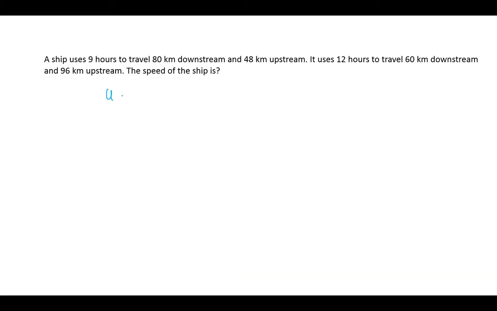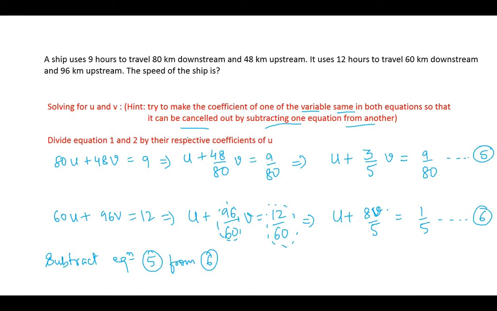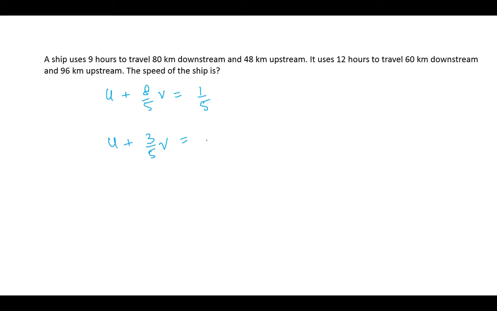I had u plus 8 by 5v equal to 1 by 5 and u plus 3 by 5v equal to 9 by 80. If I subtract, u will get cancelled out. I'll have 8 minus 3 by 5v equal to 1 by 5 minus 9 by 80.